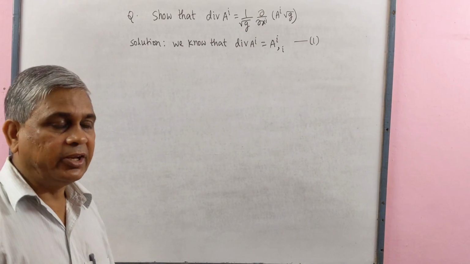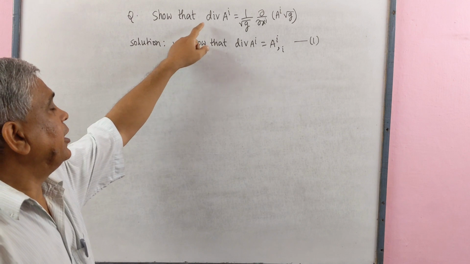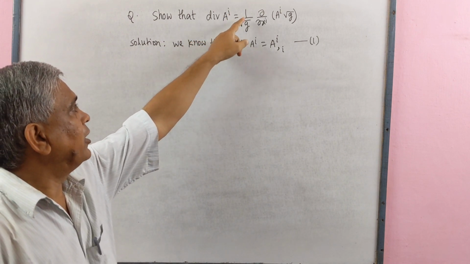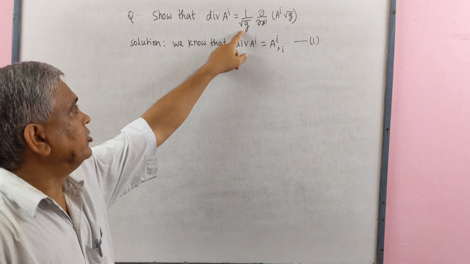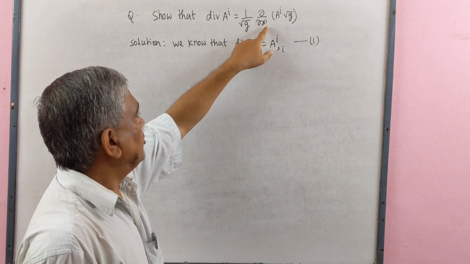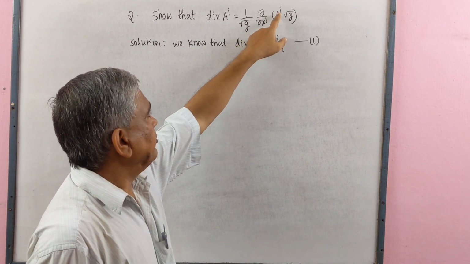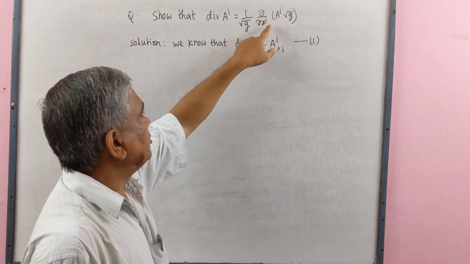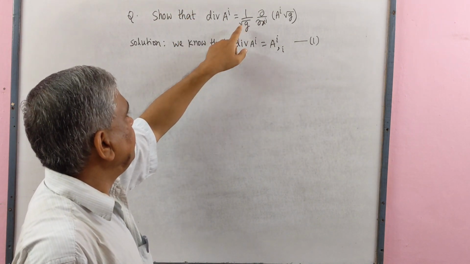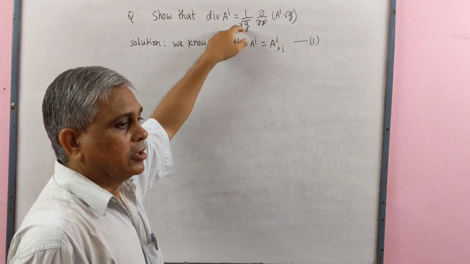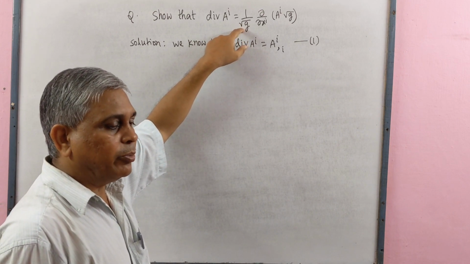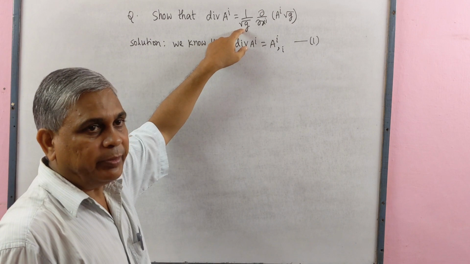Now our question is to show that the divergence of a contravariant vector equals 1 by square root g, partial derivative of A^i multiplied by square root g with respect to x^i, where g is the determinant of the matrix containing components of the metric tensor.